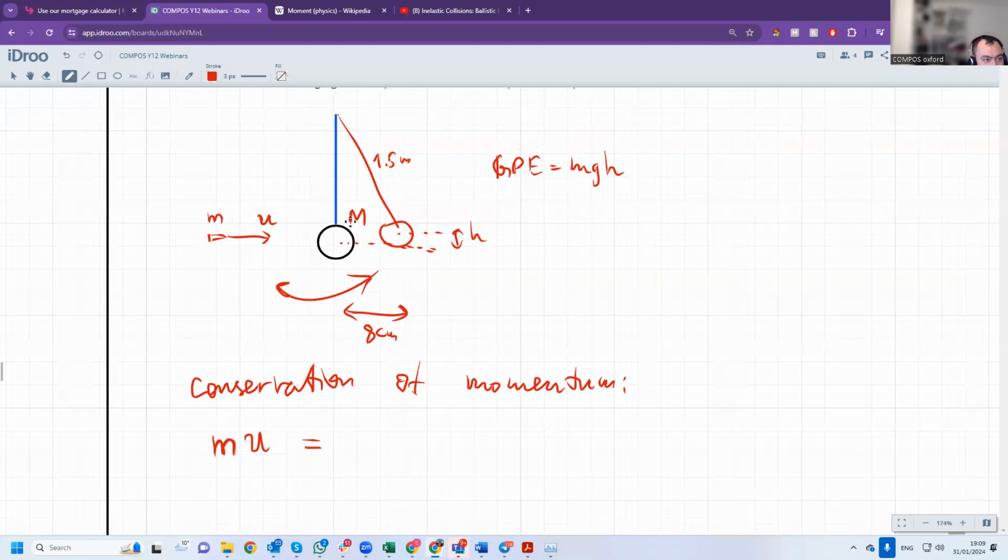After the collision, the bullet and the pendulum are moving. So right after the collision, bam, and they start moving together. So we have M plus m multiplied by v, which is the final velocity after the collision.